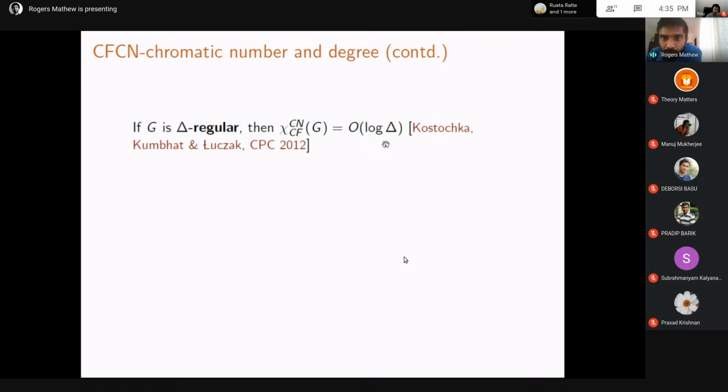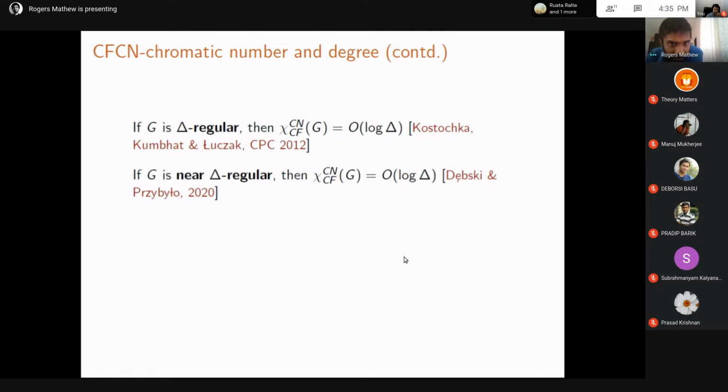The general bound is order of log square delta, but you can improve to order of log delta if the graph is regular. And in fact, very recently, this was extended to even near delta regular graphs by Debski and Przybyło, I think. This is a paper which came on arXiv last month, I think. So they extended this result.